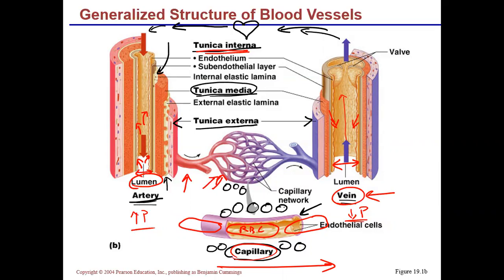Due to the red blood cells passing one at a time, they're getting slowed down. This allows the exchange of material to take place with these tissues. Carbon dioxide, for example, coming in and oxygen going out, nutrients, glucose, amino acids, things that the body requires.